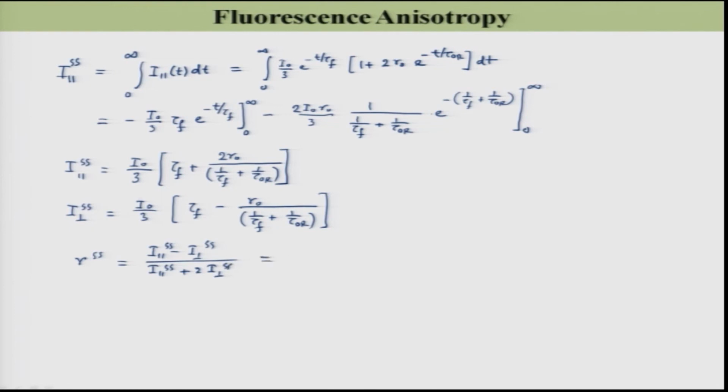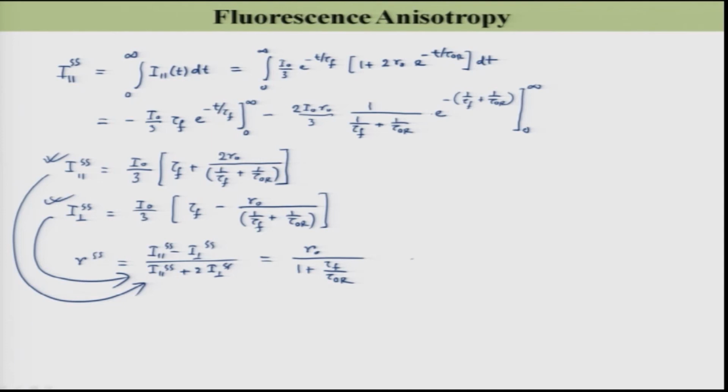And if you plug in the expressions for I parallel and I perpendicular in this equation and simplify, you will be surprised to see that after simplification the result is very simple, 1 plus tau f by tau r.